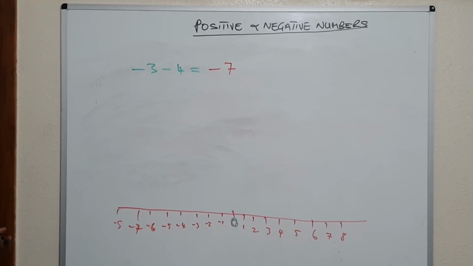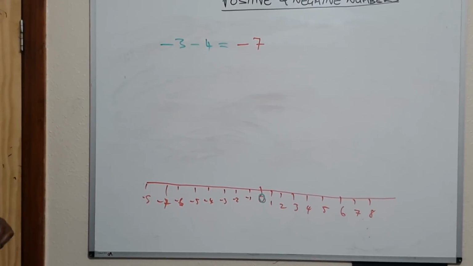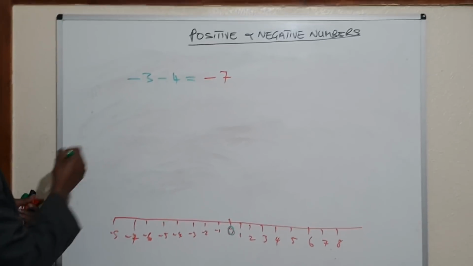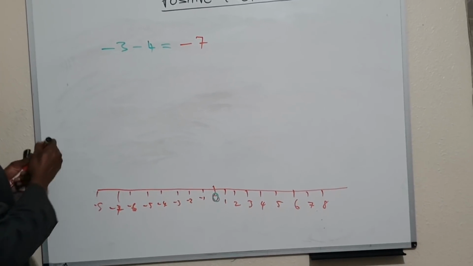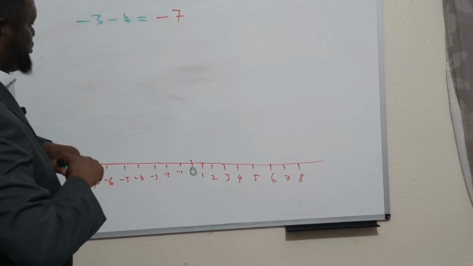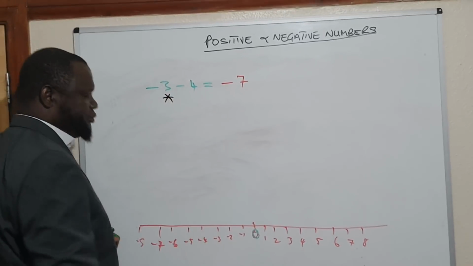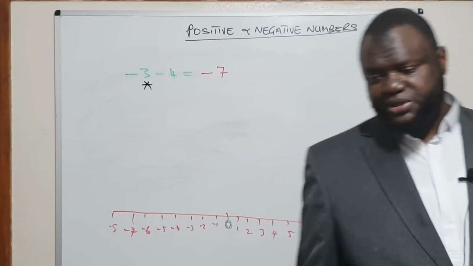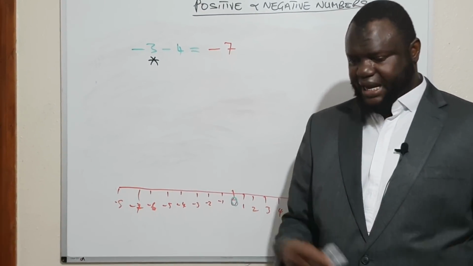Positive means above 0. Okay? Now, a question like this, we always locate the first one. After you locate the first one, what comes after will either be plus or negative.